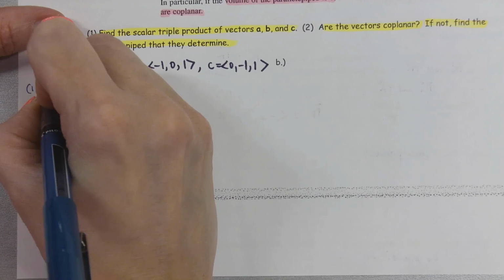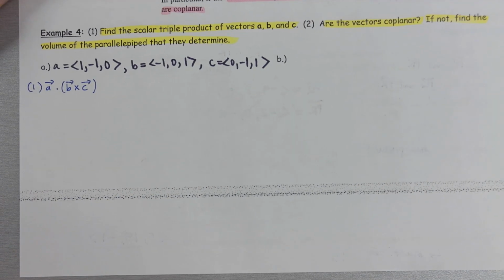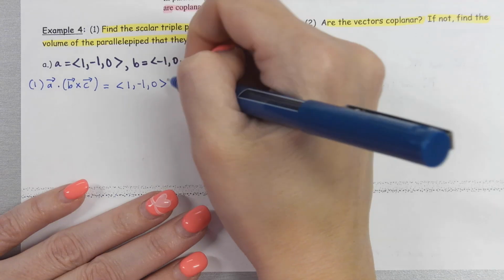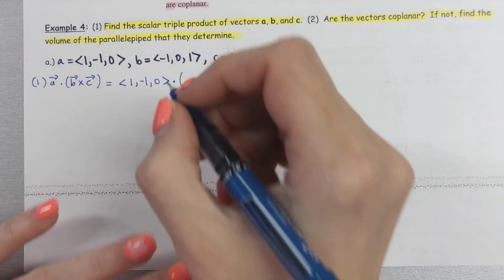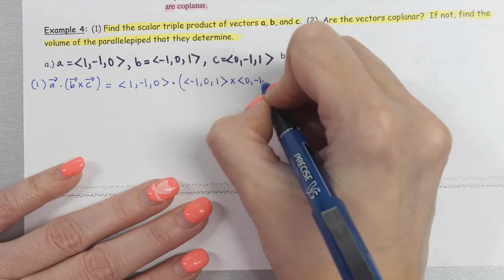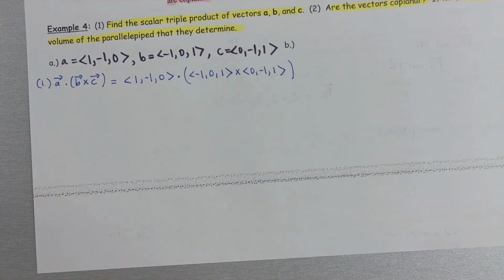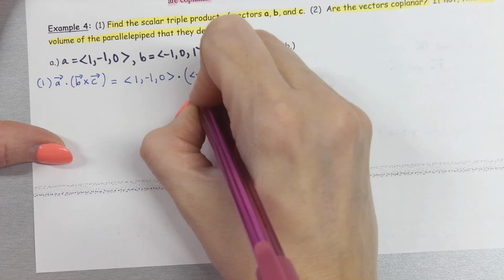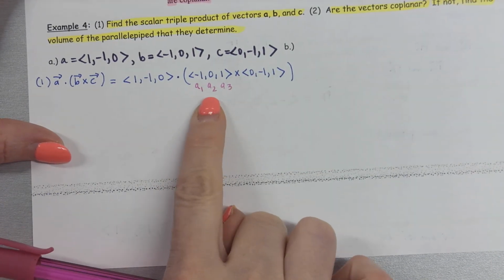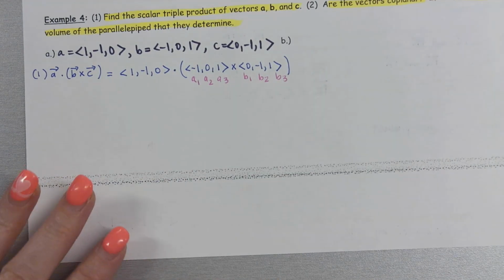So we have to do A dot product with the cross product of B and C. I like to write down what my A value is, and then in parentheses, do the cross product of B and C. Even though this is vector B, when you are applying the cross product, you are going to want to label this as A sub 1, A sub 2, A sub 3, B sub 1, B sub 2, B sub 3, because it's easier to adjust those and then plug them into your formula.